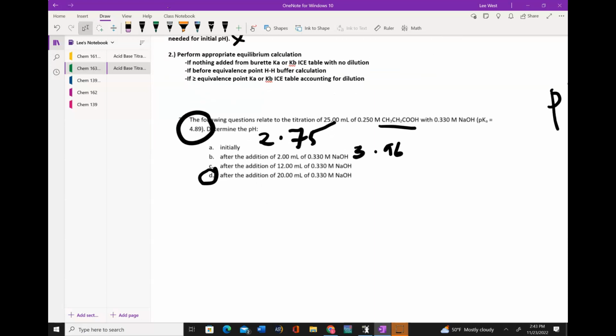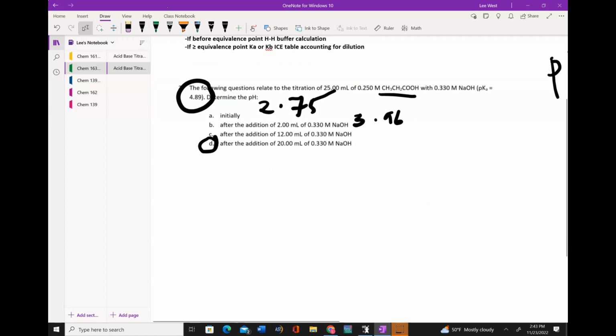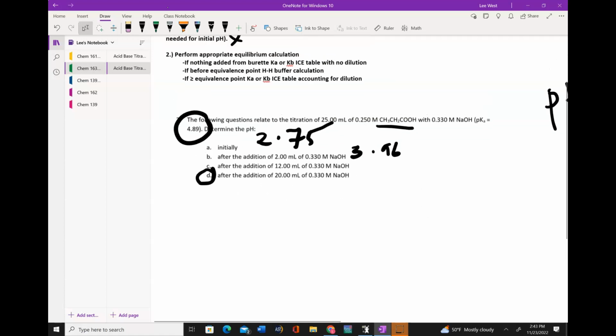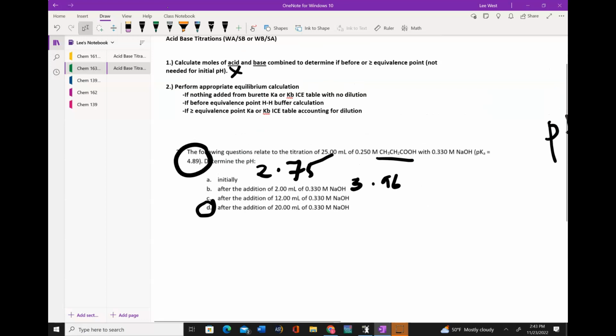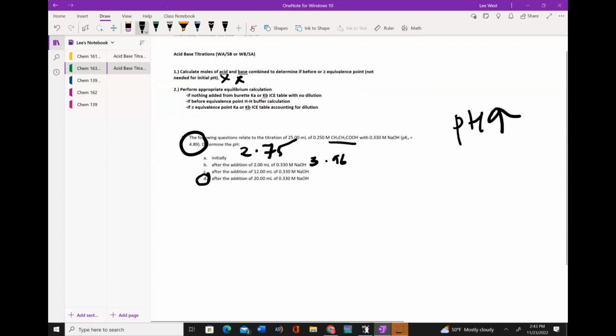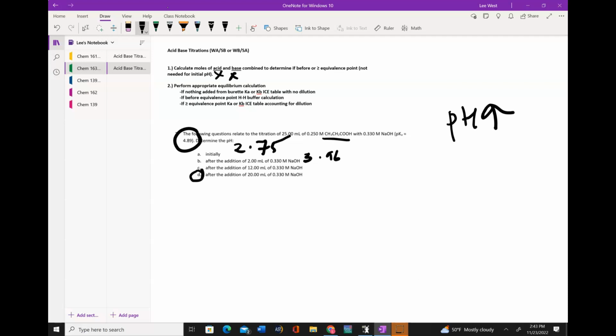We're going to add 20 mils of our sodium hydroxide solution. So the first thing, of course, calculate the moles of acid and base that you've combined, and then that'll let us know where we are, whether we are before or after the equivalence point.